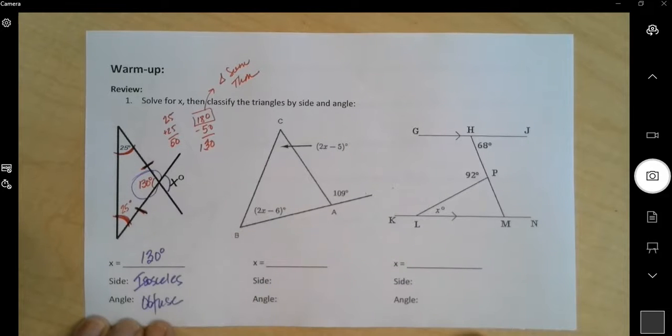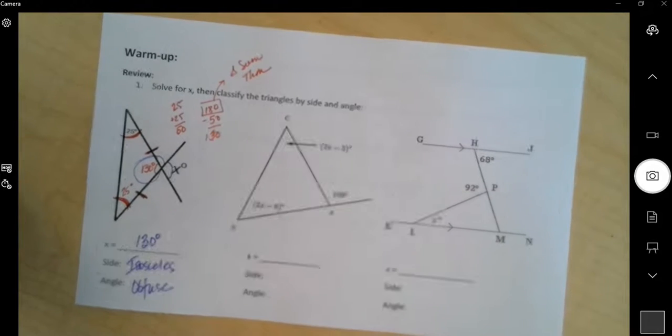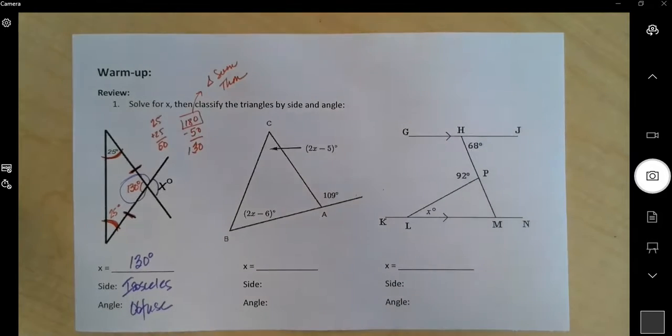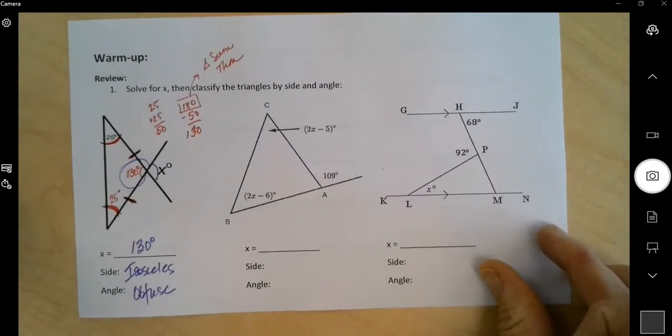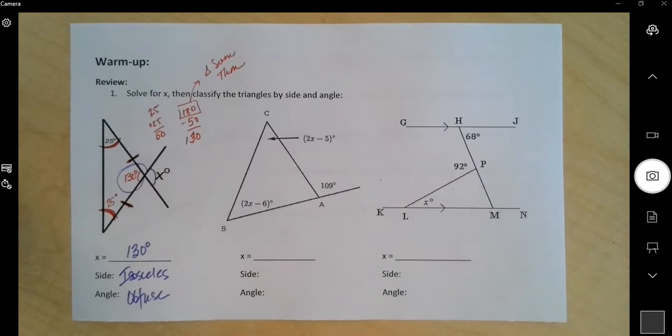If it's an obtuse angle, it's going to have exactly one angle greater than 90 degrees. So I'm kind of saying what you're saying. If one angle is over 90 degrees, it's going to be an obtuse triangle. Yes, it is, because all I need is that one angle. And I want you to think about this one angle taking up more than its fair share.